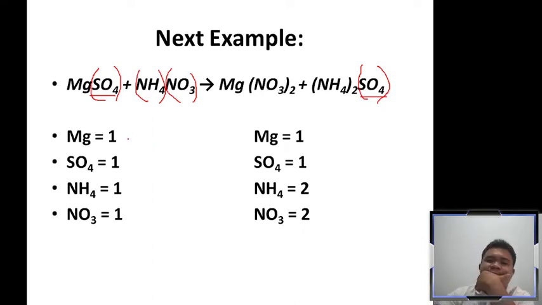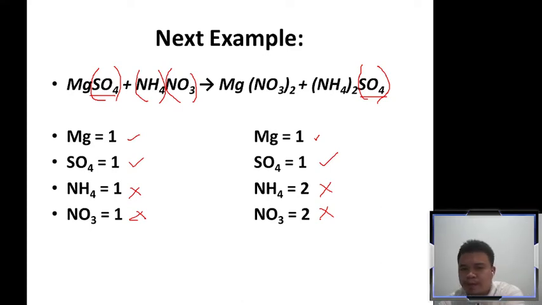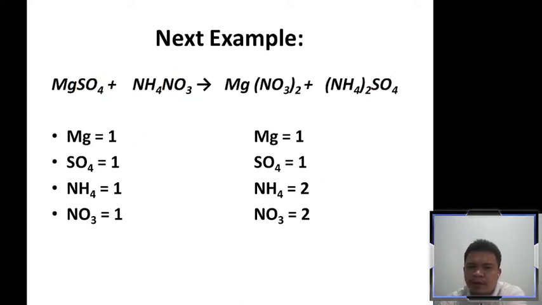As you can see here, Mg is already balanced. SO4 is already balanced. What's not balanced is NH4 and NO3. So what can we do in order to balance them? Very simple. Let's add some coefficients. Let's look at NH4 first.